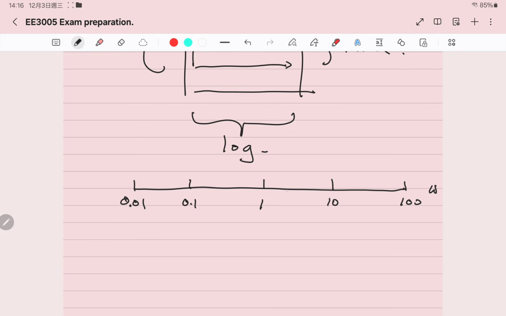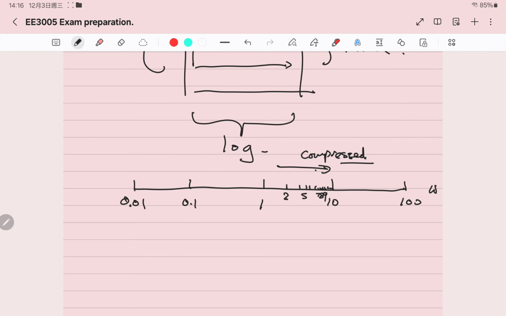And of course, if you look at the logarithm scale, where is the 2? 2 is around 1/3 of the way from 1. So this is 2, and then it will be compressed like this. Then there's 5, 7, 8, 9, 10 like this. So it is compressed towards the right hand side.